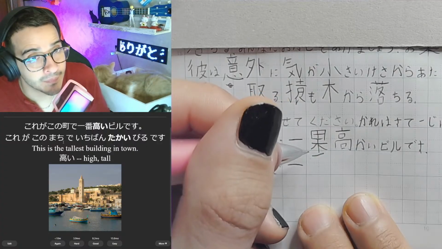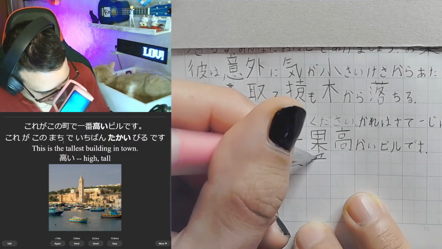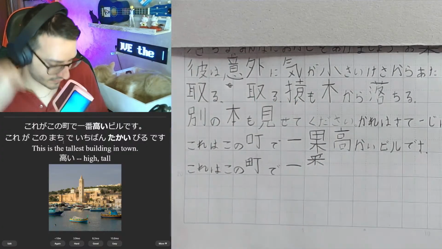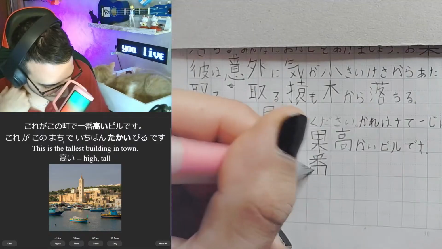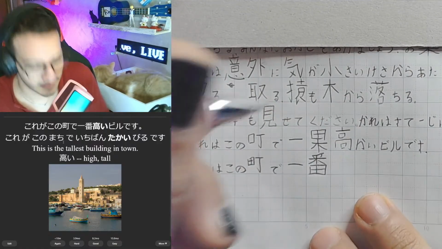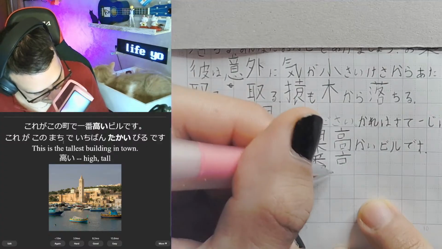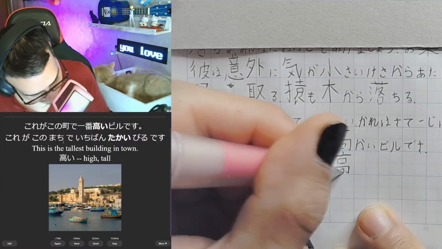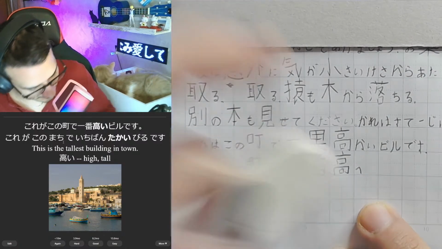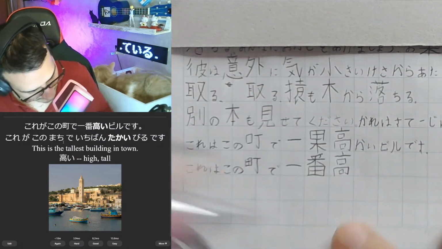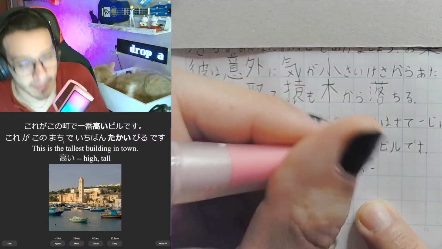No, it's not the grain. Rice field on the bottom. 高い。高い。Beer is correct.